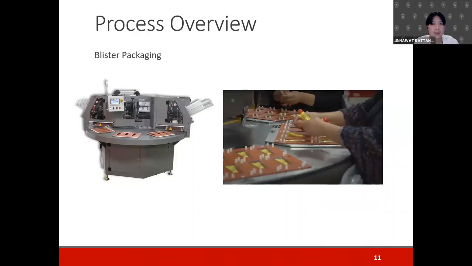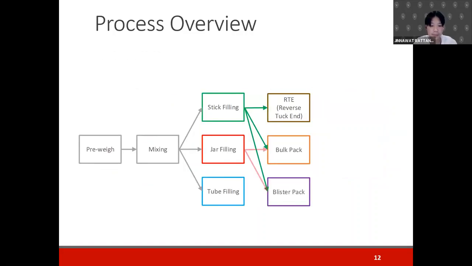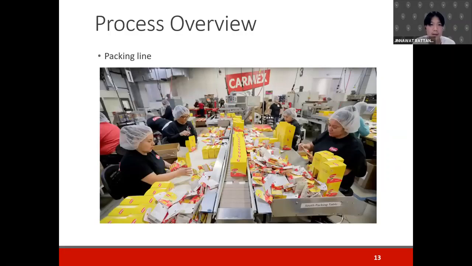And this is a picture of the blister packaging machine. This is the packing line. For the bulk pack, people count each of the lip balms and put them inside the pack.